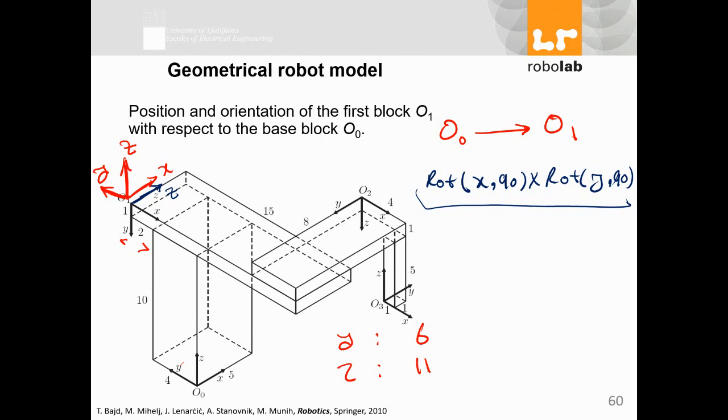Could you actually have multiple options because there are two rotations? Yeah, sometimes it might happen. Yes, we can think of examples of when different sequences of rotations end up with the same answer.